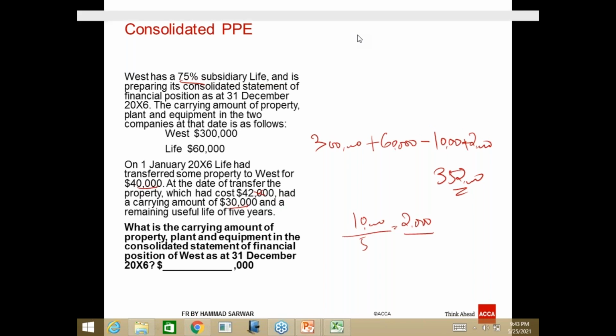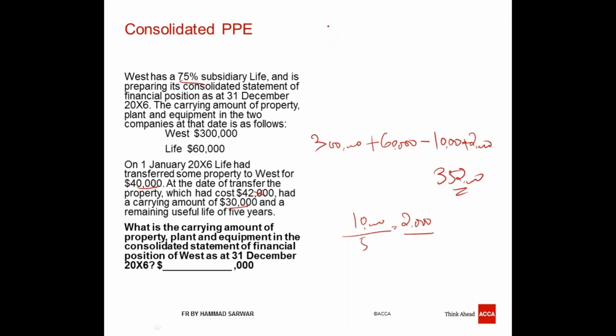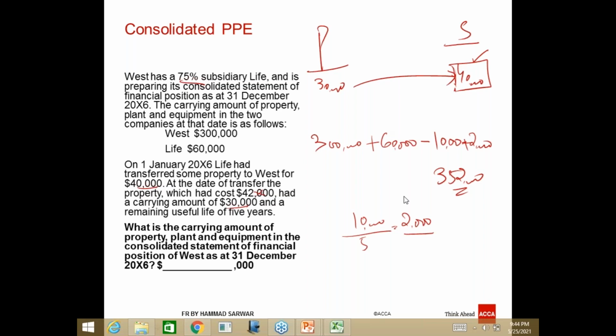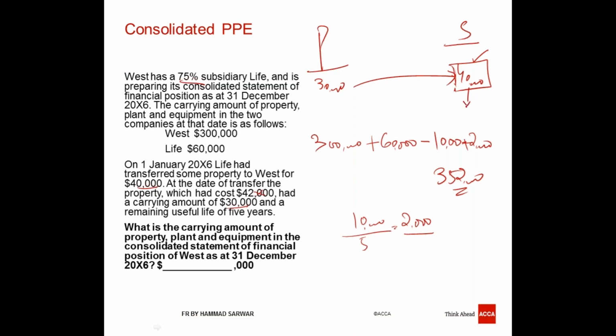Why did we reverse the depreciation? Because the parent company has a non-current asset of value 30,000, which was sold to the subsidiary company at a value of 40,000. So from this date, 1st January, the subsidiary company has recorded its asset at a value of 40,000 and is charging depreciation on this asset based on 40,000.